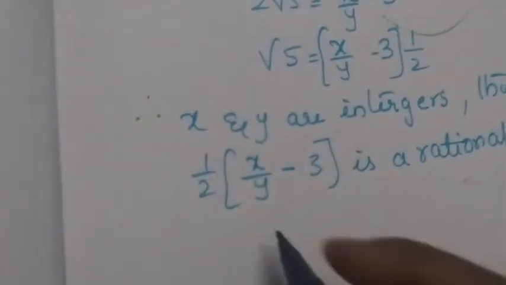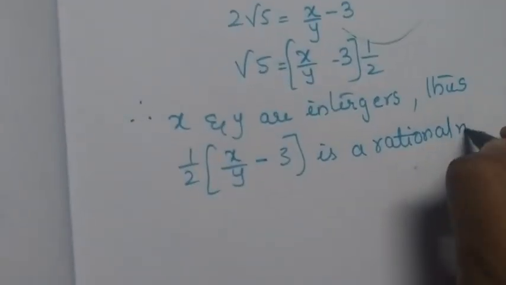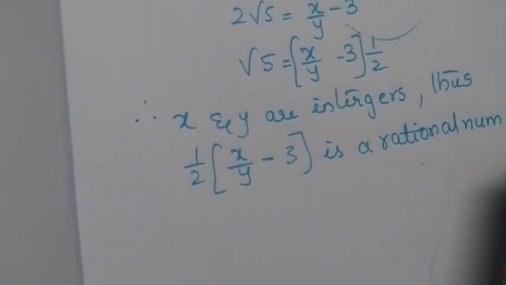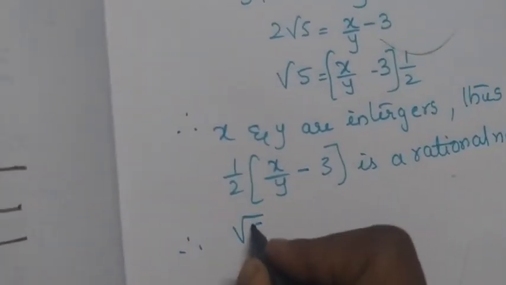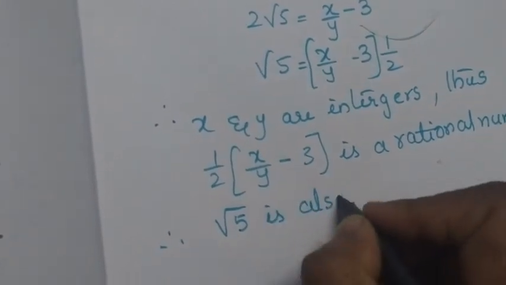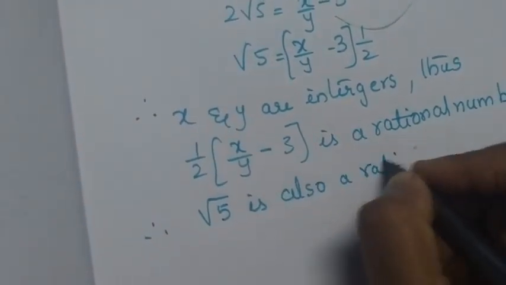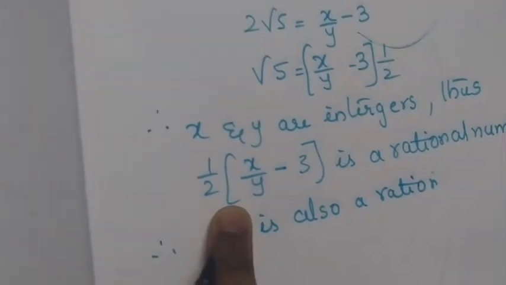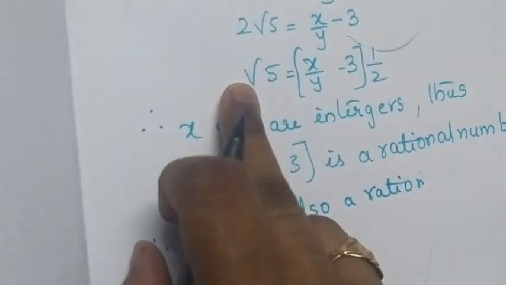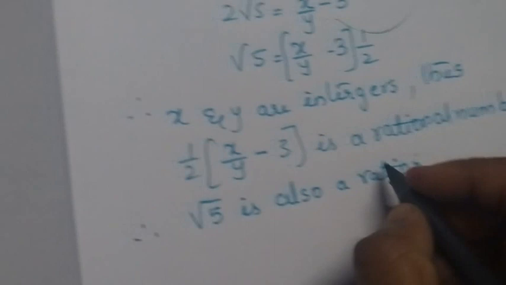Then this also becomes a rational number only. Okay, but root 5 is also a rational number. Okay, this becomes a rational number, then the value of root 5 is also a rational number.